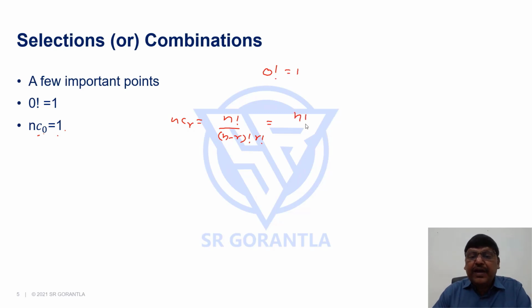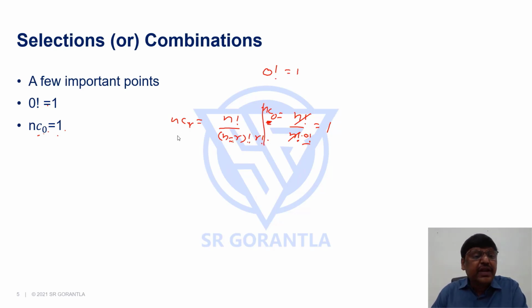R is 0, so N minus 0 will be N only. N factorial into 0 factorial. As I said, N factorial gets cancelled, and factorial 0 is 1. That's why NC0 is equal to 1.